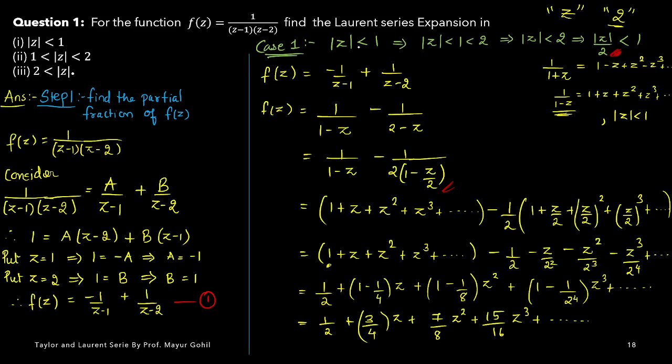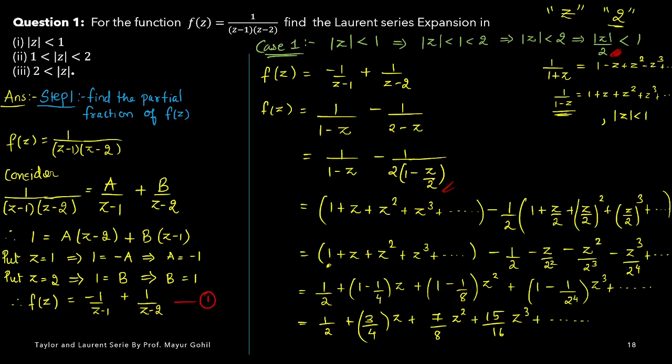So mod z is less than 1, therefore it is less than 2 also. Then you try to understand that case and try to bring everything less than 1. Okay, even if you have mod z less than 2, see, I brought it less than 1. Now whatever terms that you create in this case while understanding it, that term you have to establish into your partial fraction.